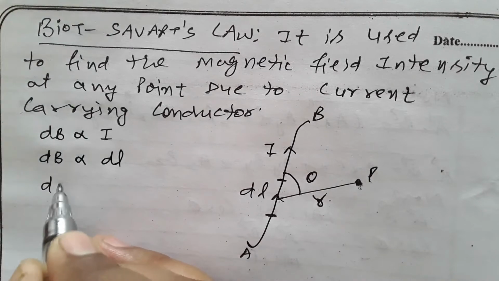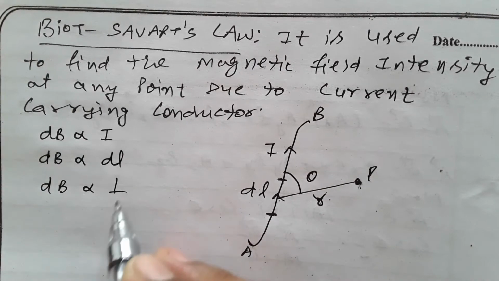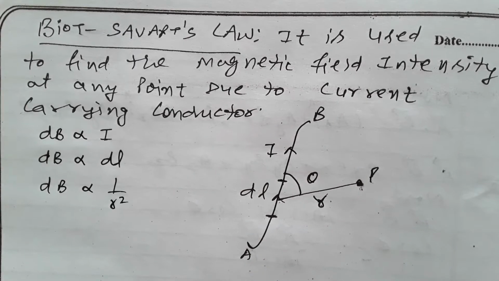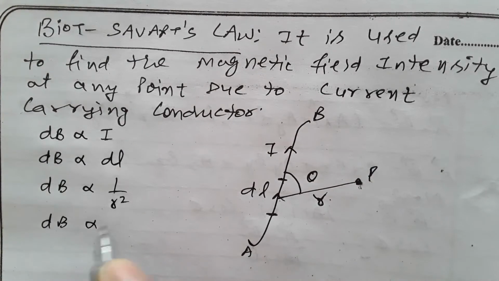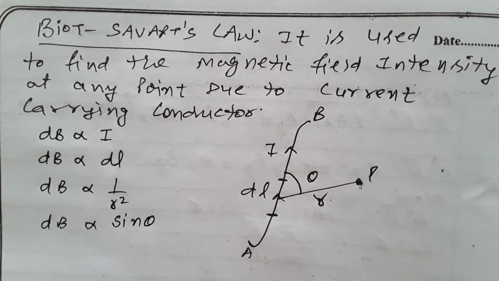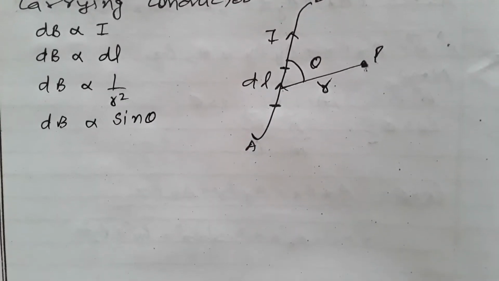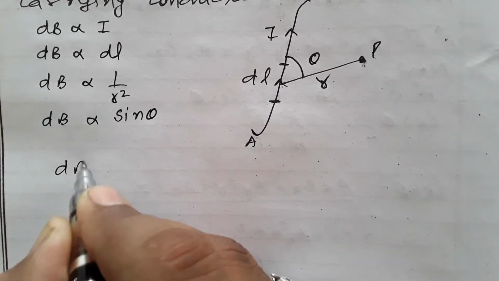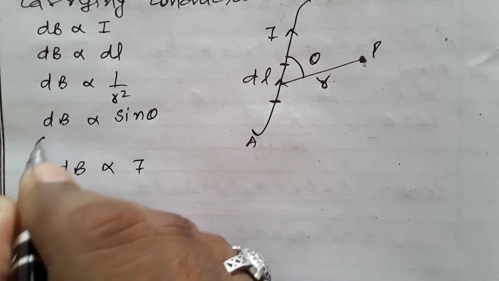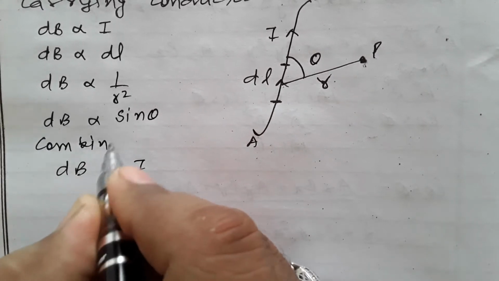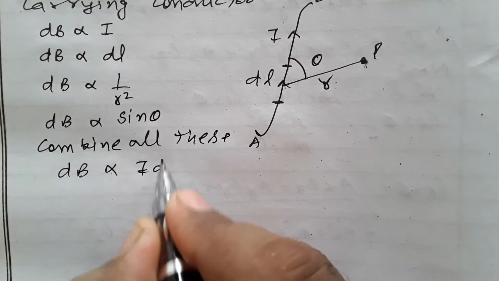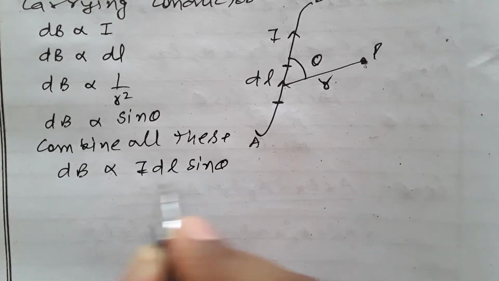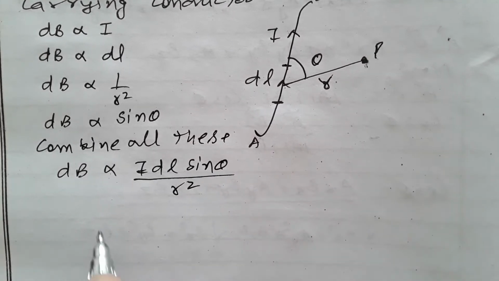Now dB is inversely proportional to 1 by r square, and directly proportional to sin theta. If we combine all these terms, we get dB proportional to I dl sin theta upon r square.